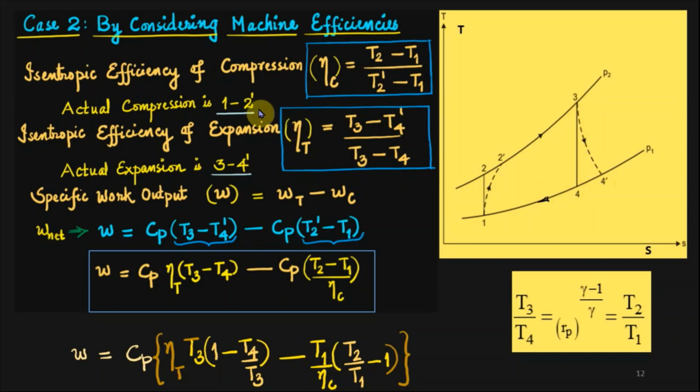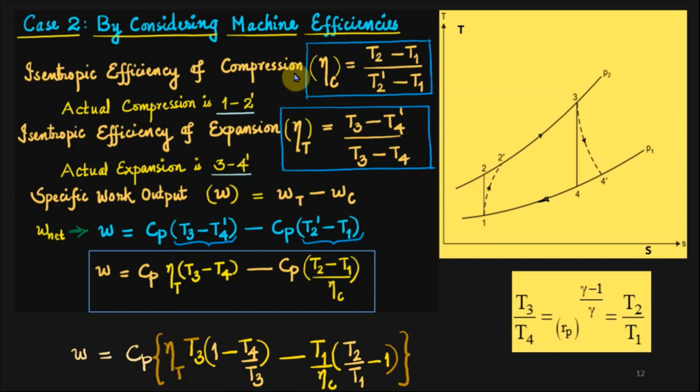Now we are familiar with the isentropic efficiency of compression already. Isentropic efficiency in terms of the ratio of difference in temperatures at the state points 1 and 2 and 1 and 2 dash. The isentropic efficiency of compression represented by eta C in terms of the difference in temperatures between 1 and 2 and 1 and 2 dash can be expressed as T2 minus T1 divided by T2 dash minus T1.